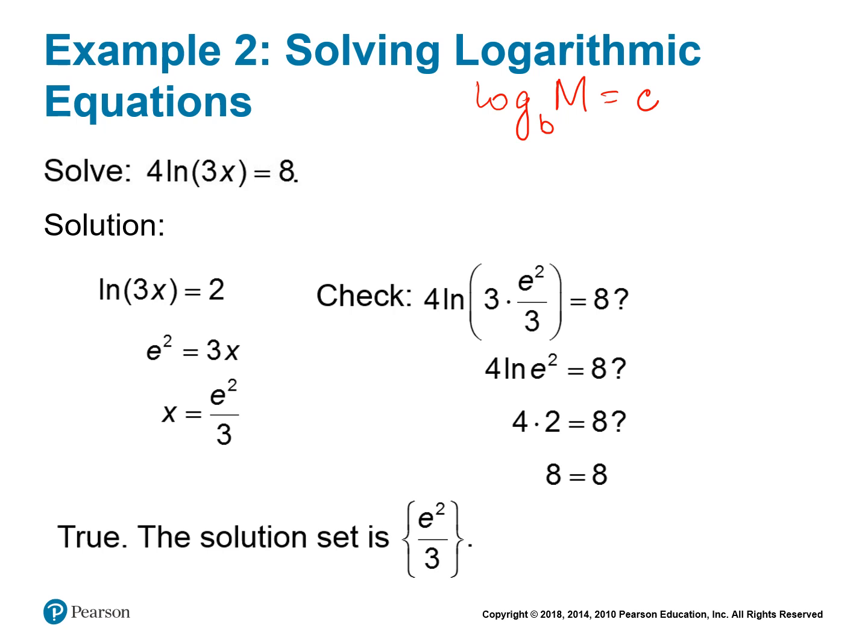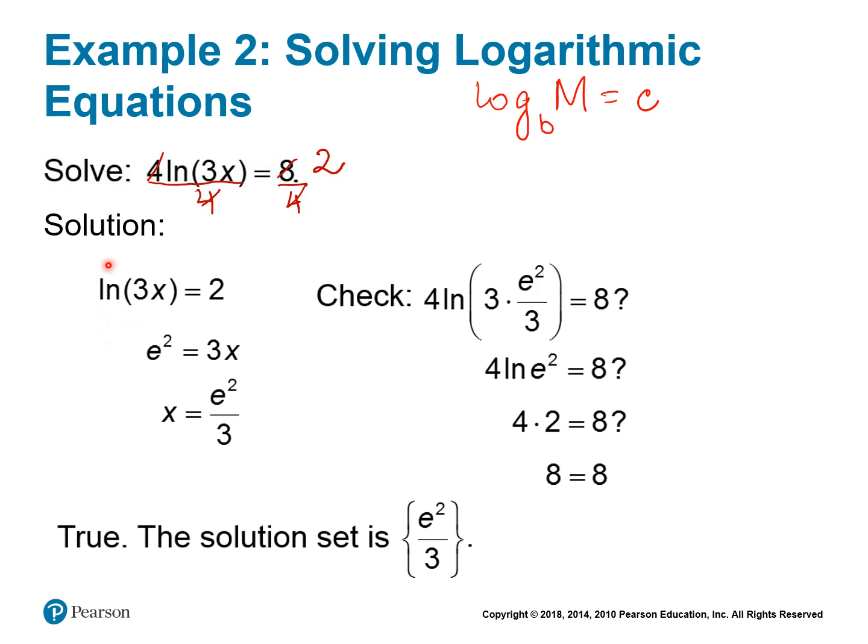We have to remove 4 and isolate the logarithmic expression on the left hand side. So let's do that. In order to get rid of the 4 from this side, we have to divide both sides by 4, correct? So we have 4 times ln of 3x divided by 4 equals 8 divided by 4. Let's cancel out the 4 on the left hand side. On the right hand side we have a 2, and that's what they've started with in the solution.